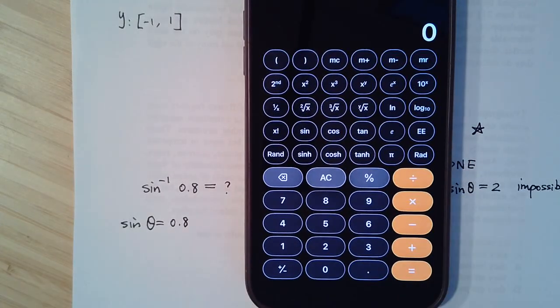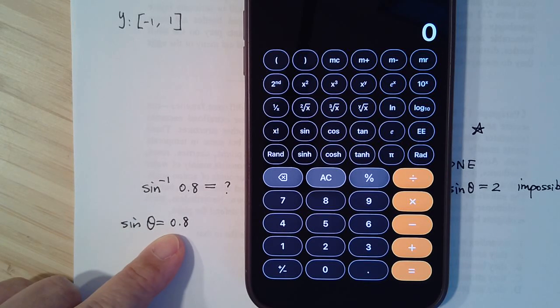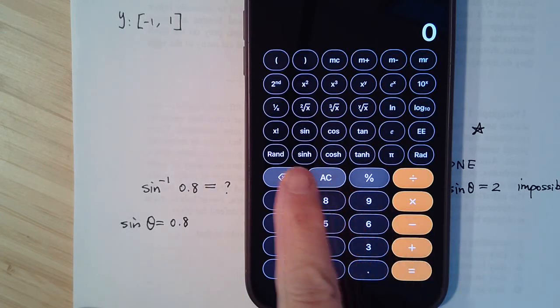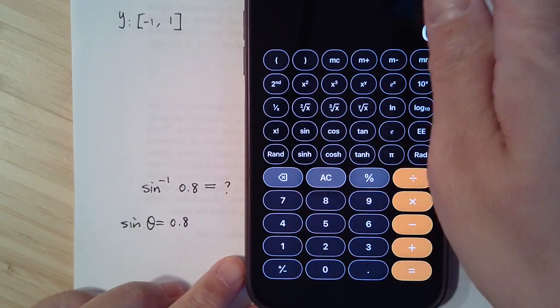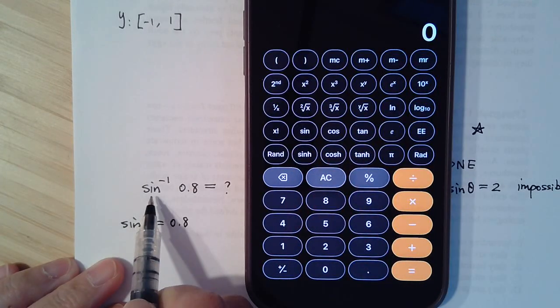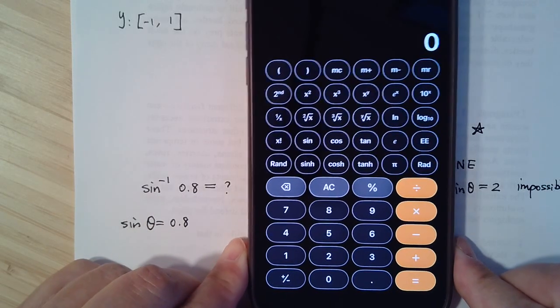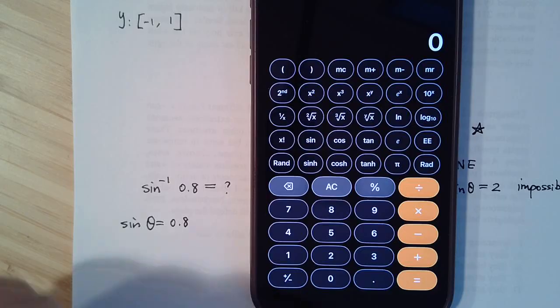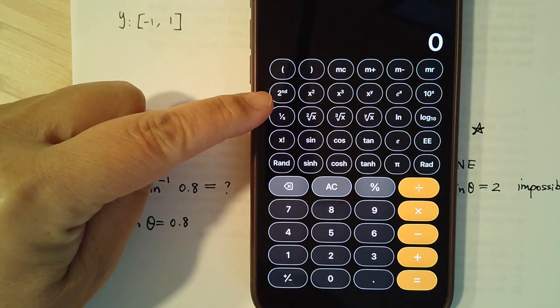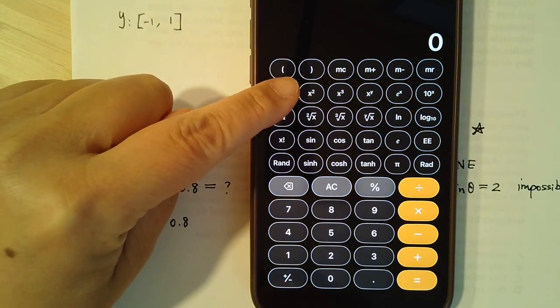I am looking for an angle. The sine function value of that is 0.8. I don't know it, so I will do sine inverse 0.8, but on a calculator like this one, you don't see sine inverse. I know where to find it. Here. Did you see the second? So click second.